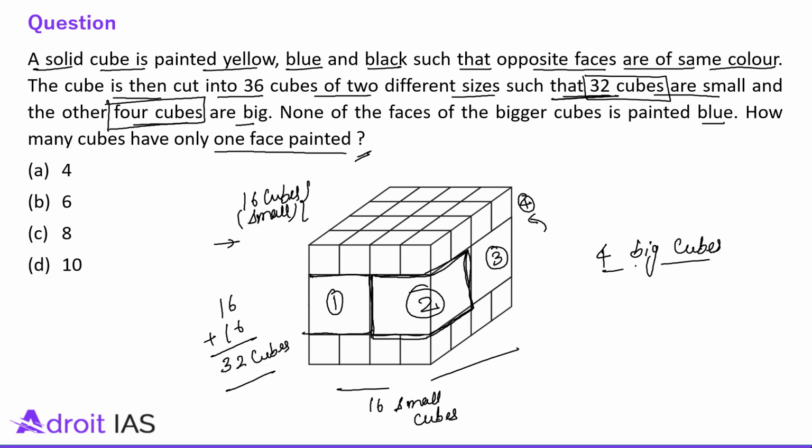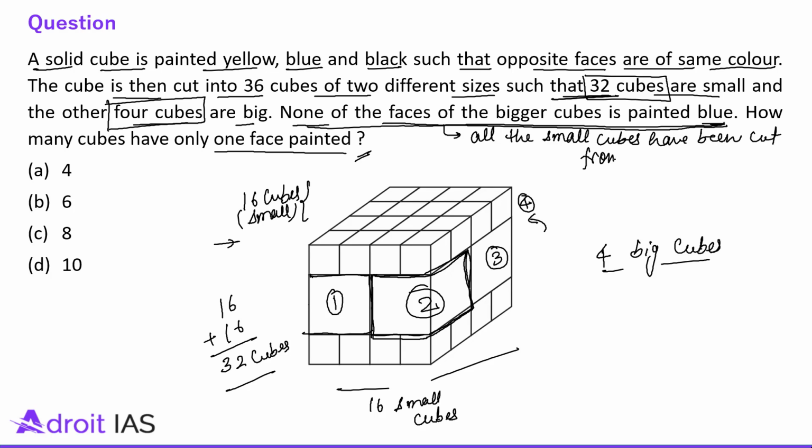Okay. And everyone, one more thing, question is saying none of the faces of the bigger cube is painted blue. I repeat, none of the faces of the bigger cube is painted blue. It means all the small cubes have been cut from the blue face, right?